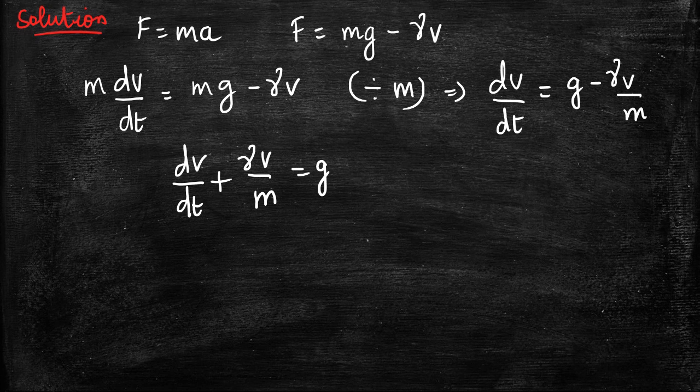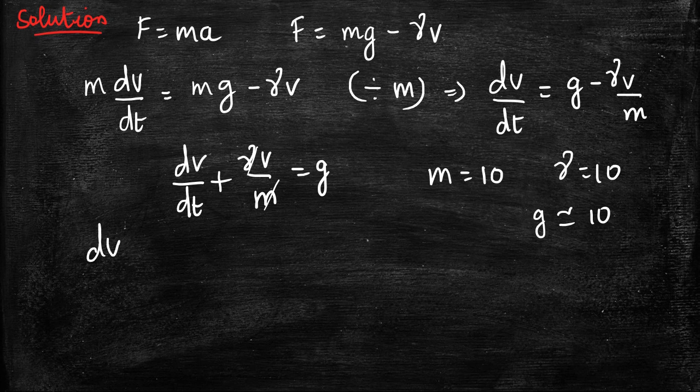Right, now we know that m is equal to 10, gamma is equal to 10, and g is equal to 10. I'm going to substitute that. So on substituting, my gamma and m will get cancelled and g will be 10. So my equation will now turn to dv by dt plus v equal to 10.